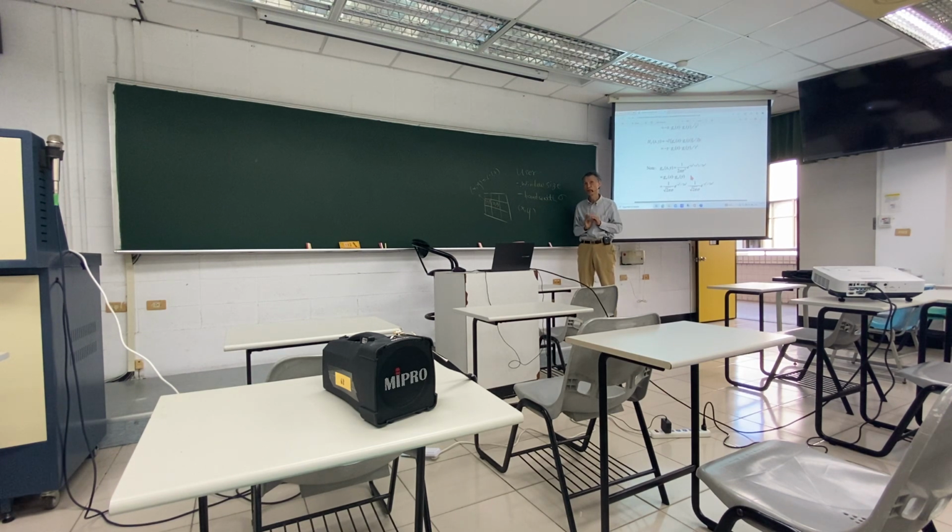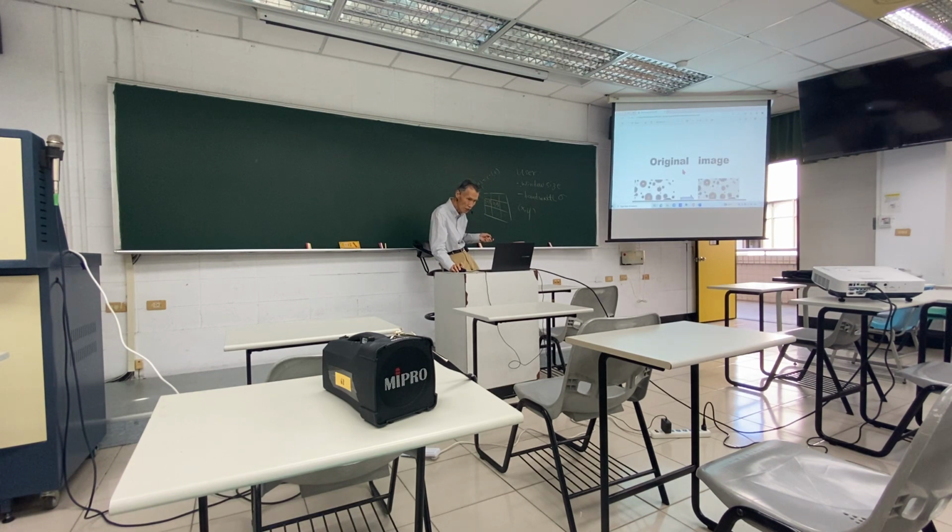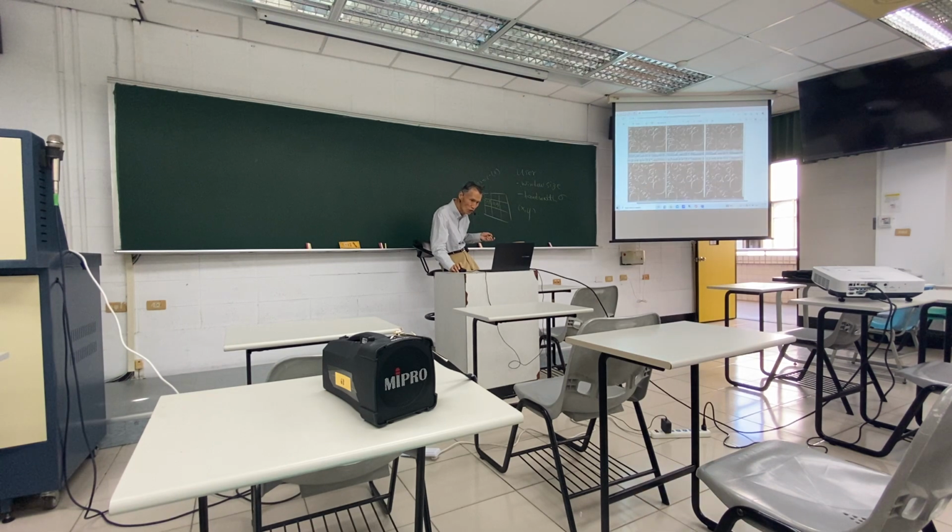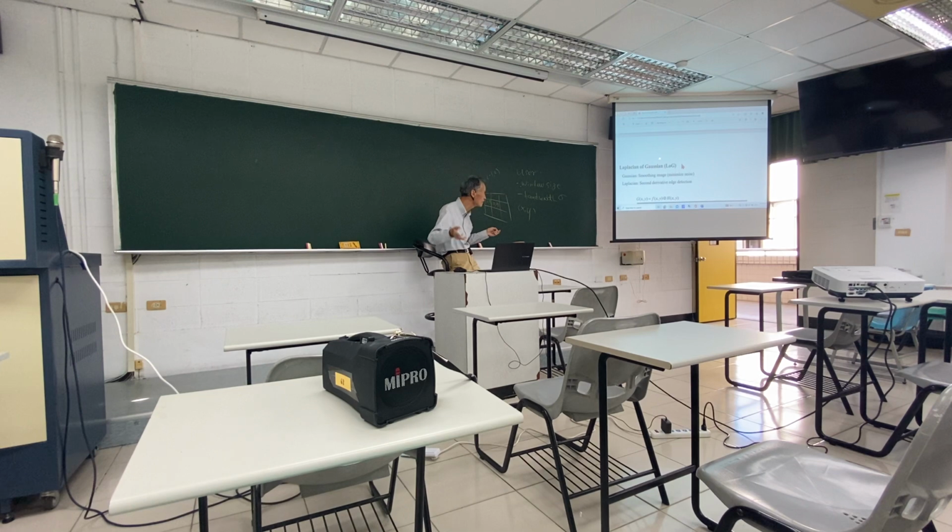You can remove a lot of noise, but also you will blur the edges, making the edges wider. You cannot get fine edges with a very large filter size and bandwidth. And also we talked about another compound filter based on the second derivative, the so-called Laplacian of Gaussian, which means we take the first derivative of Gaussian, then we take another derivative.